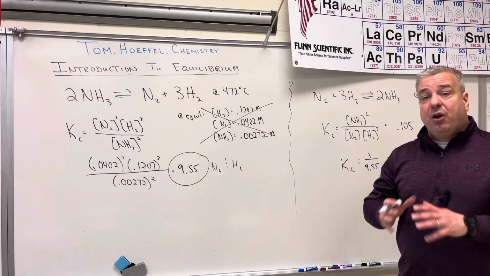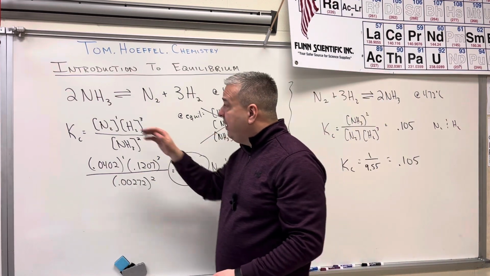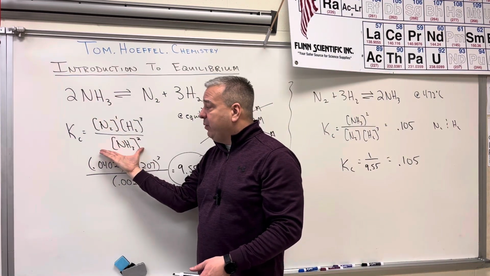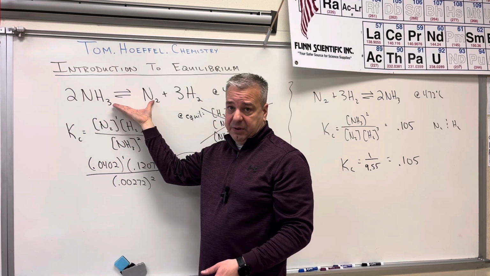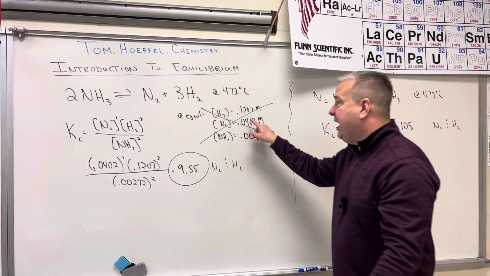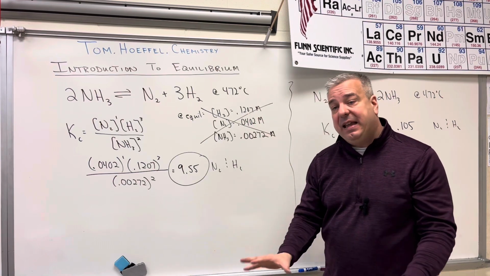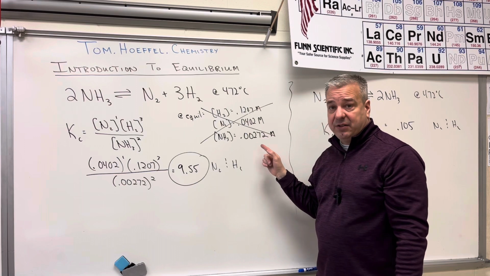Okay, so what should you have learned from this video? Number one, can you write the equilibrium expression given a particular equation? Do you understand that when things are in equilibrium, it does not mean that things are equal concentrations?